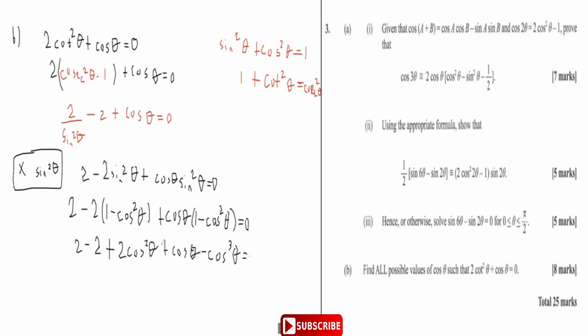Now I realize that I end up with a cubic equation. 2 minus 2 cancel, so I end up with minus cos cubed theta plus 2 cos squared theta plus cos theta, and that is equal to 0. So this is the equation I end up wanting to solve.